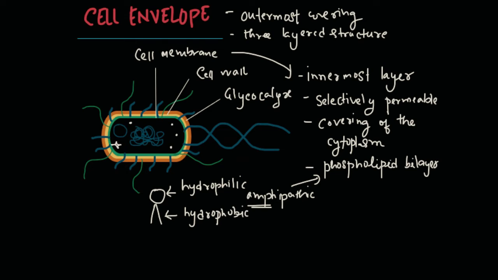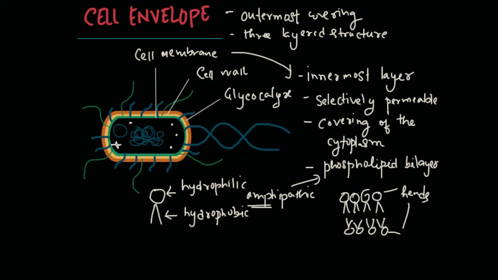When these kind of molecules come together, they form phospholipid bilayer which will be arranged in this fashion. It will arrange in such a way that the hydrophilic heads will be outside facing the aqueous part of the environment and the hydrophobic surfaces will be buried inside the membrane.